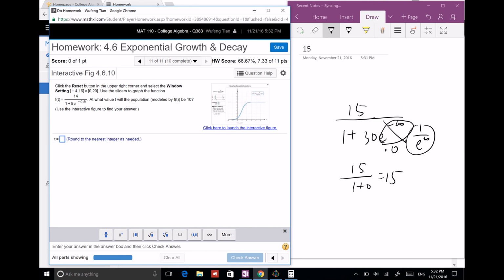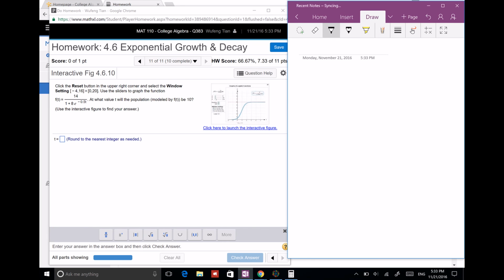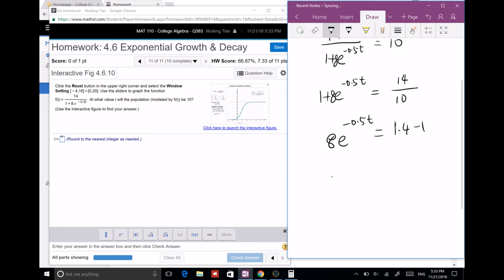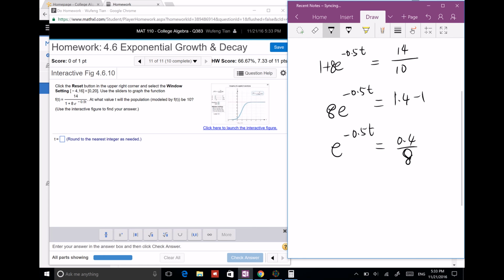So t equals what? Equals 10. So basically you solve 14 over 1 plus 8 e to negative 0.5t equals 10. So 1 plus 8 e to negative 0.5t equals 14 divided by 10. Then 8 e to negative 0.5t equals 1.4 minus 1. So e to negative 0.5t equals 0.4 divided by 8, so e to negative 0.5t equals 0.05.